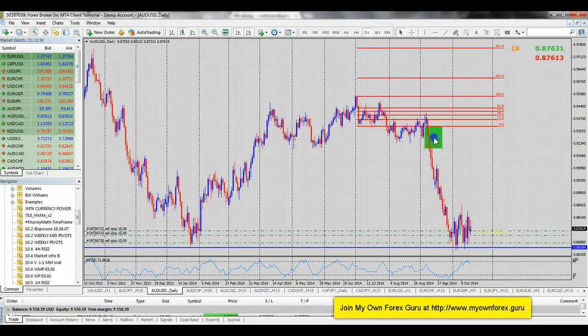Put your box at the bottom. There's your TP. There's your first take profit. So if you enter at 61.8, you should take profit in 92 or 94, which is right on a support level, which is a good area to take it, right?